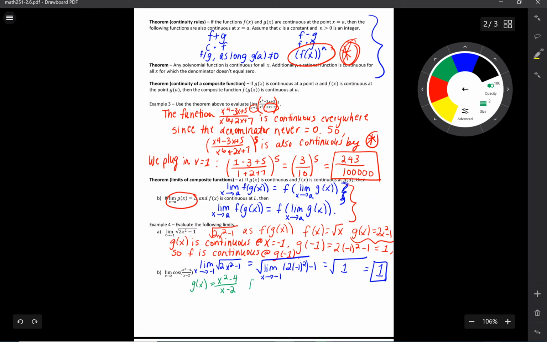And my outer function, f of x, is equal to cosine x. So g is not continuous at the point x equals 2, because if I plug in 2 here, it makes my denominator equal to 0. So I'm going to say g of x is not continuous at the point x equals 2. So I can't use part A of the theorem above.